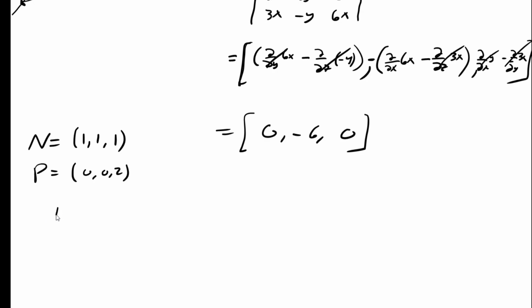So I have 1 times x plus 1 times y plus 1 times z minus 2 equals 0.